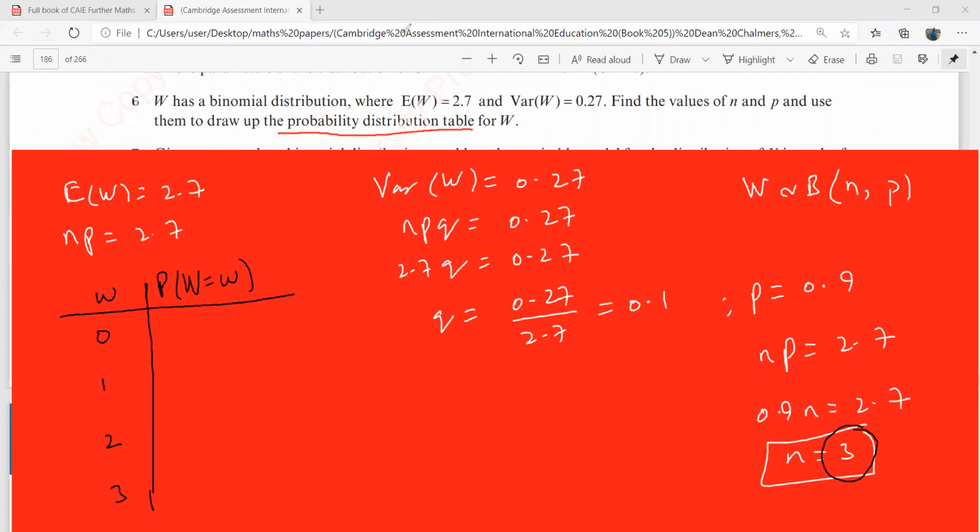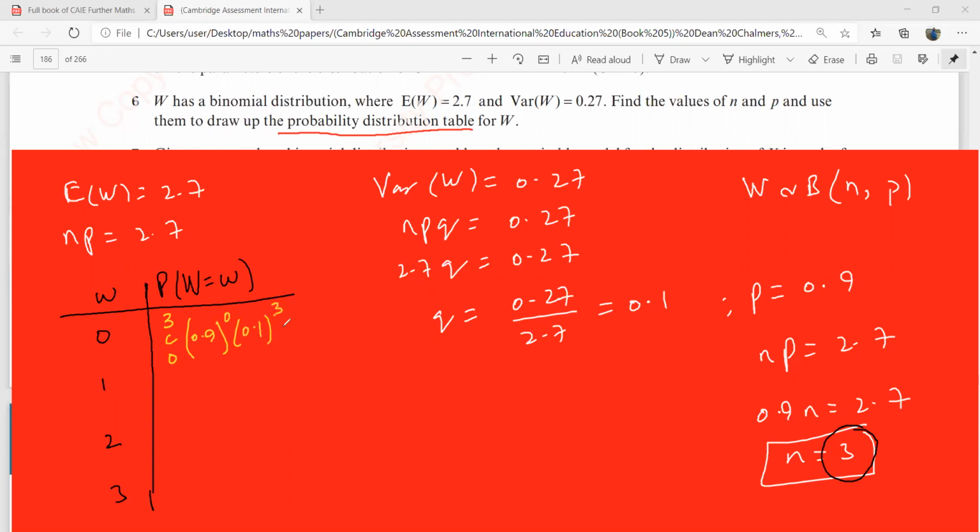Since this is a binomial distribution, we can easily write it here. You can do this in your rough work as well and just write the probability here. But I just want to show that it's 3C0, 0.9 raised to power 0, 0.1 raised to power 3.